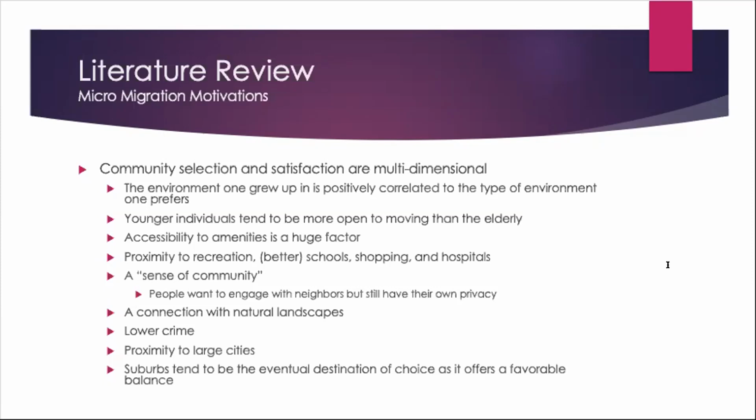And that's how a lot of subdivisions for the last few decades have been developed, because they offer both sides of that. Also in the suburbs, you're going to have lower crime. People tend to find that the schools are better, and you still have that proximity to large cities. The road networks still allow for accessibility close to airports. And it's just all around a good mixture.